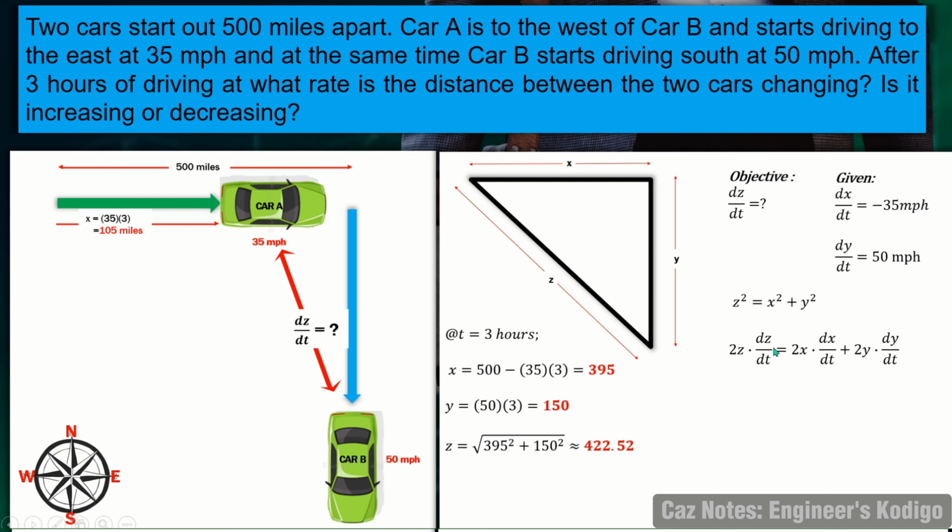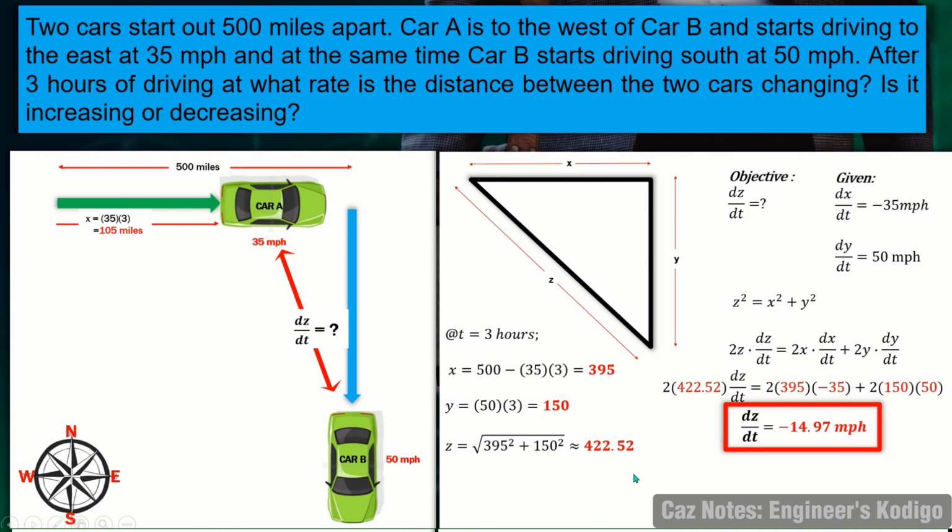So only a single variable remains unknown in this expression. We simply plug in all those values and calculate the value of dz over dt, and that is equal to negative 14.97 miles per hour.